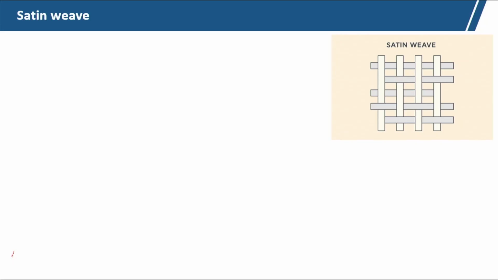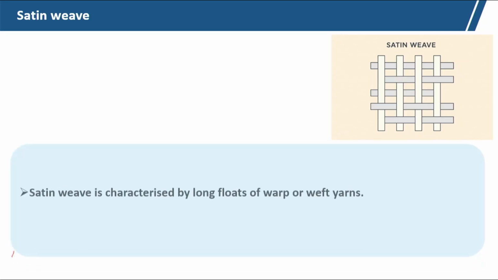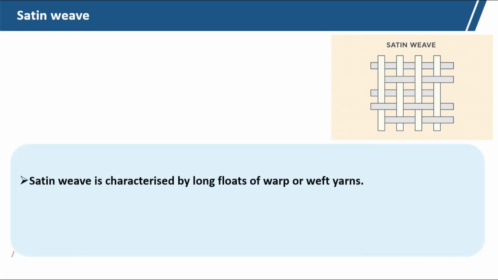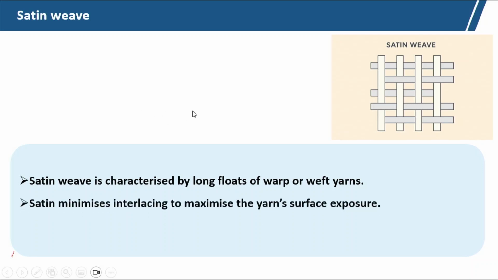Now, satin weave is basically characterized by long floats of warp or weft yarn. Here you can have a longer float, maybe more than 2-3 threads. It minimizes the interlacing of yarn and maximizes the yarn surface.